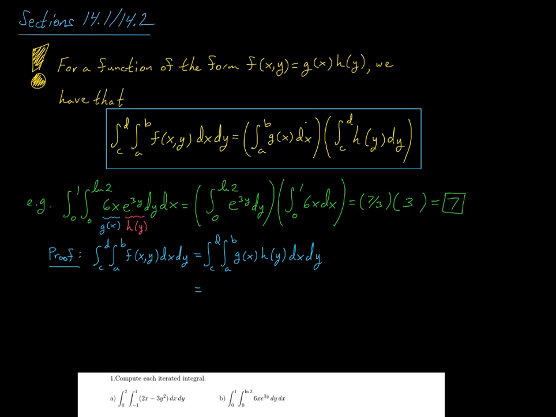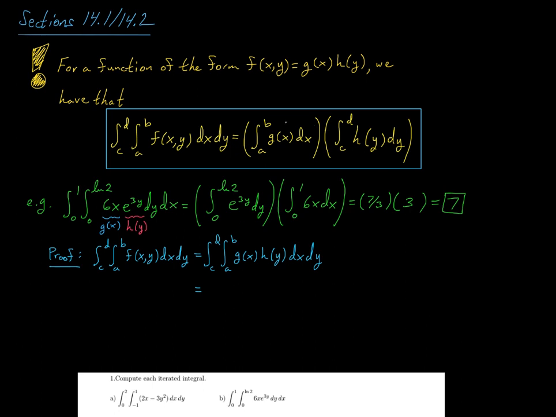So in particular with that last example where we had 6x times e to the 3y, okay, the integrand here is of this form where I have something that depends just on x times something else that depends only on y. And when you have this kind of integrand, you can actually split it up in such a way that you're really left to compute just two single variable integrals. And in some instances, maybe not always, this can really simplify our work.